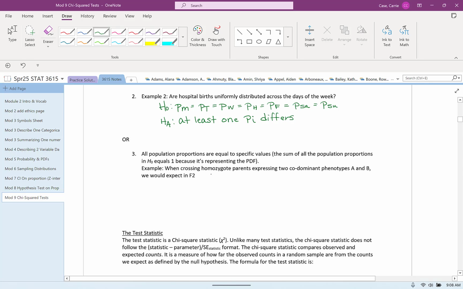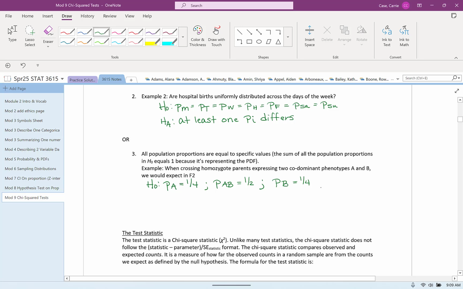So for example, when crossing homozygote parents expressing two codominant phenotypes, A and B, we would expect in the second generation that under the null, the probability of getting A is 1/4, the probability of an AB is 1/2, and the probability of a B is 1/4.